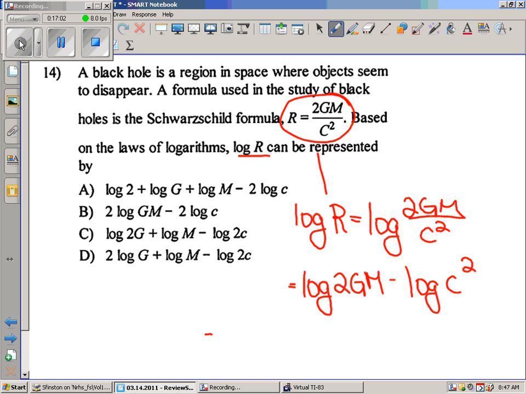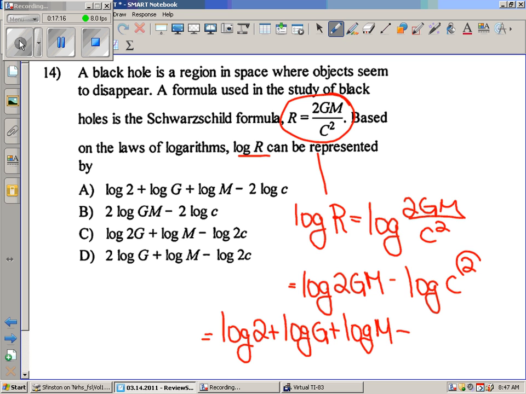Well, that's the same thing as log of 2gm minus, this 2 is going to pop down in front, 2 log c. Which one is that? Okay. Piece of cake.